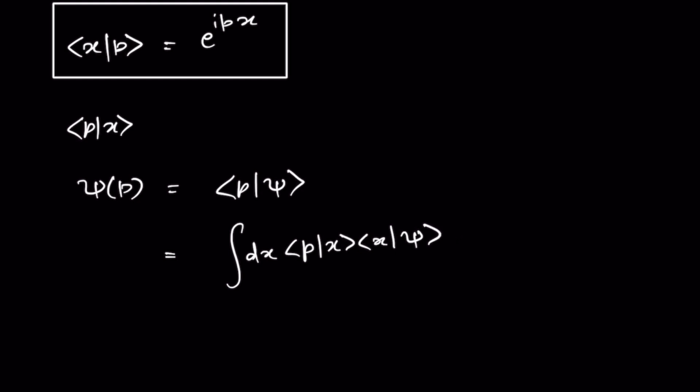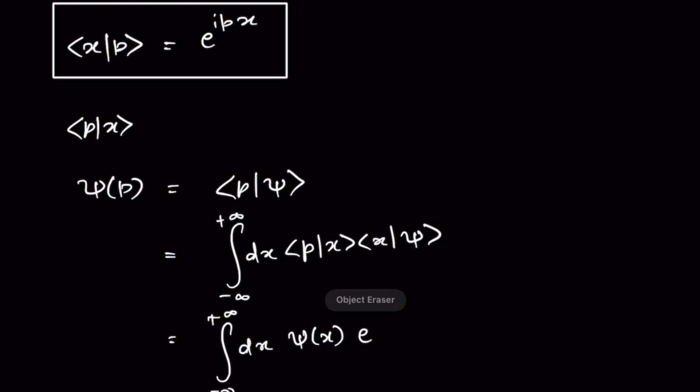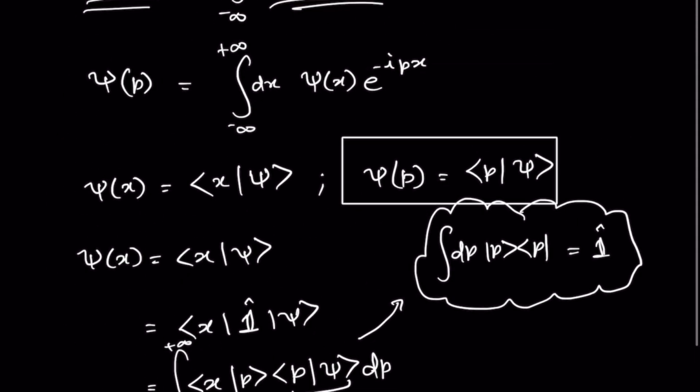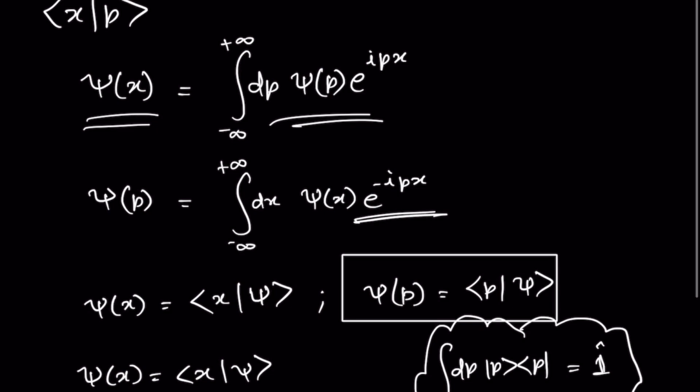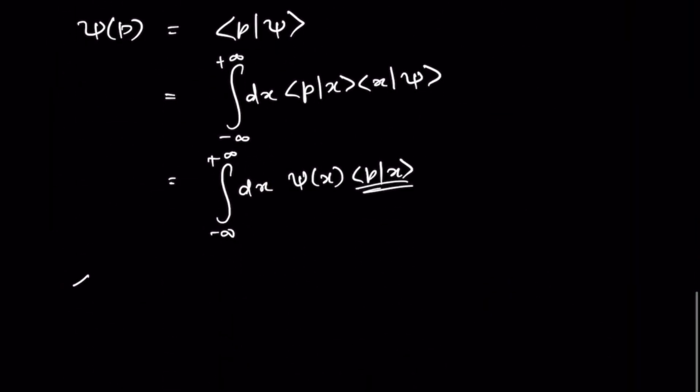So with that, we have the integral from minus infinity to plus infinity dx psi of x <p|x>. And by comparing this to what we had over here, we can simply say that <p|x> equals e to the power minus i px. And that's it.